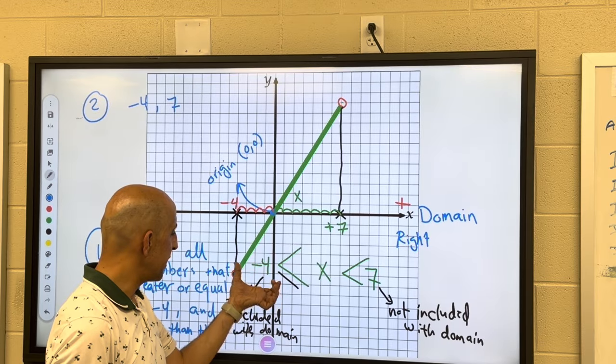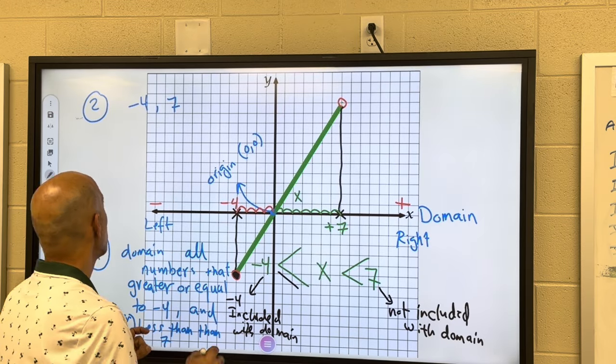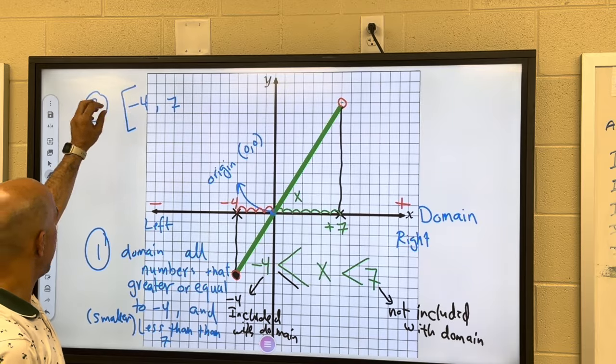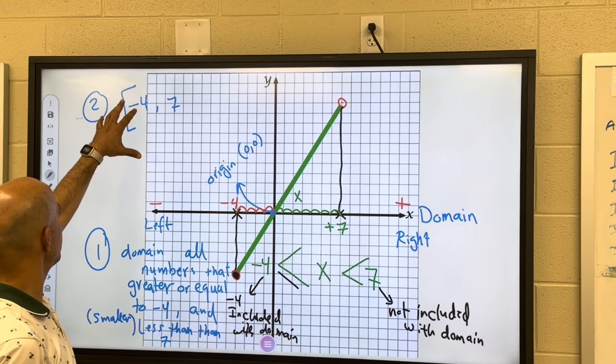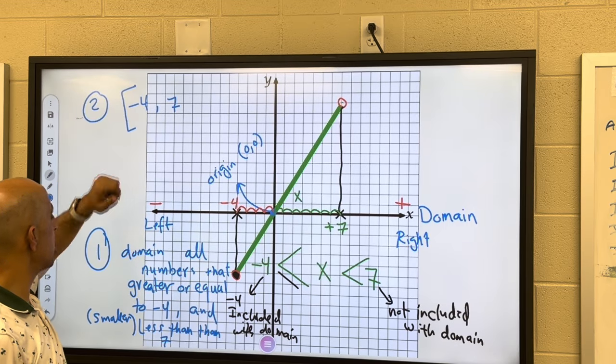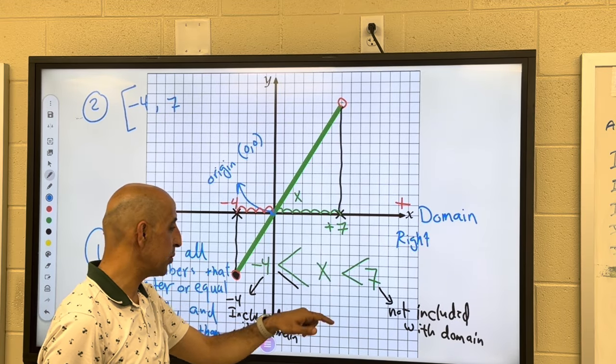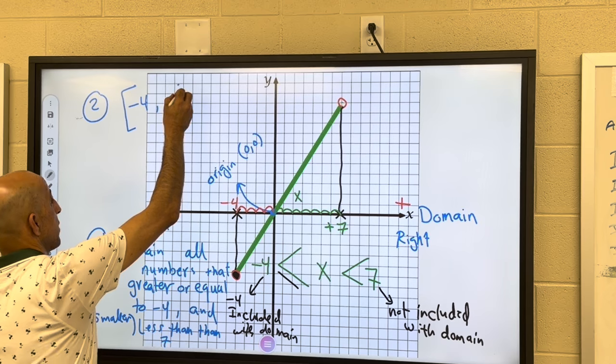Because -4 is included, we use a bracket. The bracket means equity, so -4 is actually included. Because 7 has no equity, I use parentheses.